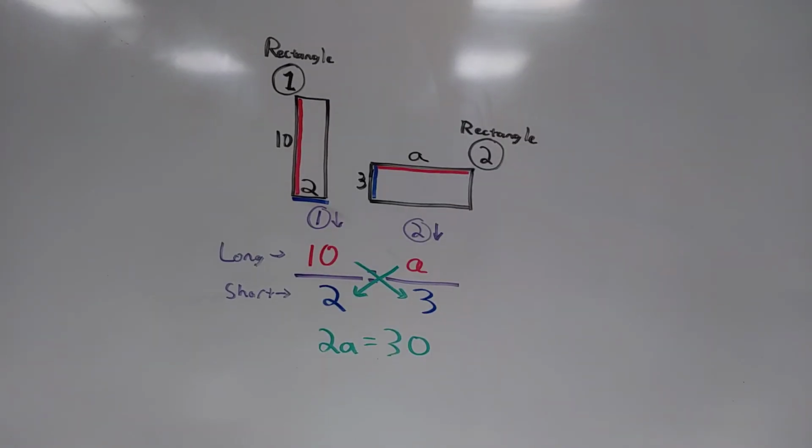Using cross multiplication, we see that 2 times a is 2a, and 10 times 3 is 30. Solving for a, we divide both sides by 2, and we see that a equals 15. So the unknown length of rectangle 2 is 15 units.